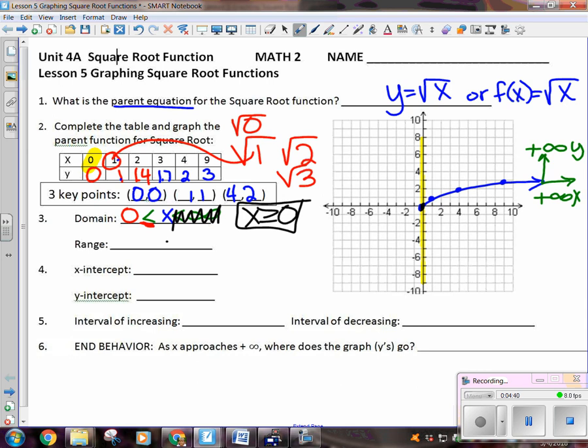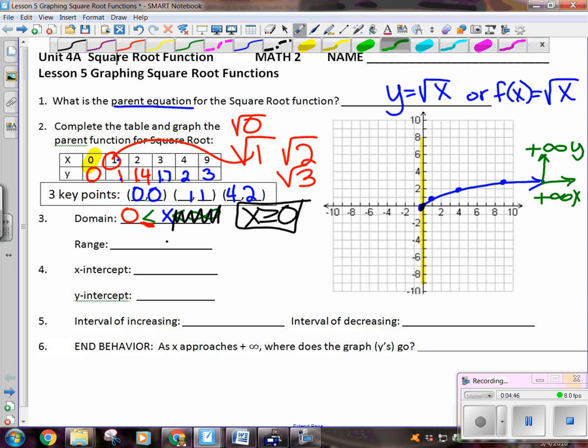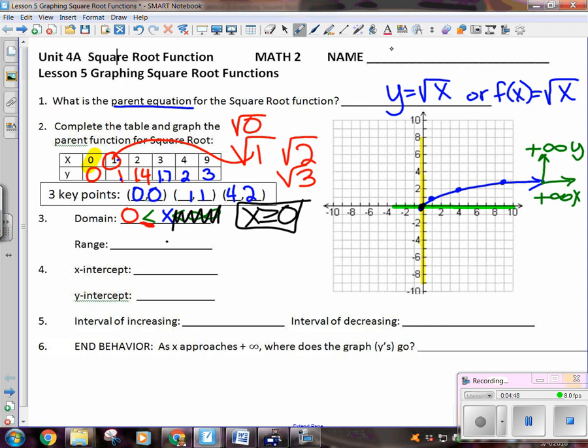Does everybody understand that? Okay, what about the range? Lowest to highest. Okay, so again, Y in the middle, less than, starts at 0. How high does it go? Goes to infinity.